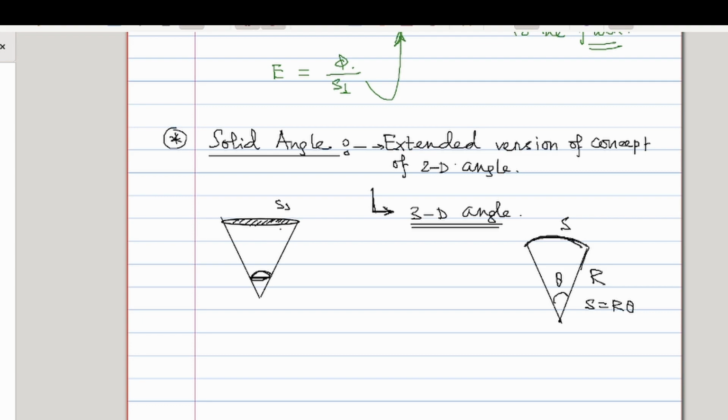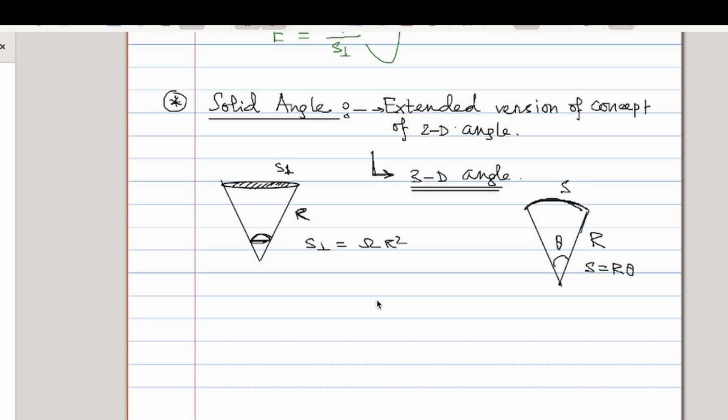If this is the S perpendicular, okay, then S perpendicular equals to omega r square. Now let us do some mathematics on that.